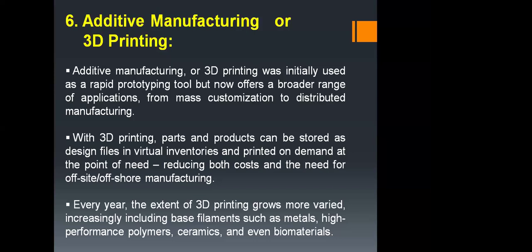That can reduce the cost as well as time, and it will reduce the need for off-site manufacturing also. So that type of advantages can be obtained, and the need for additively manufactured parts is day by day increasing.